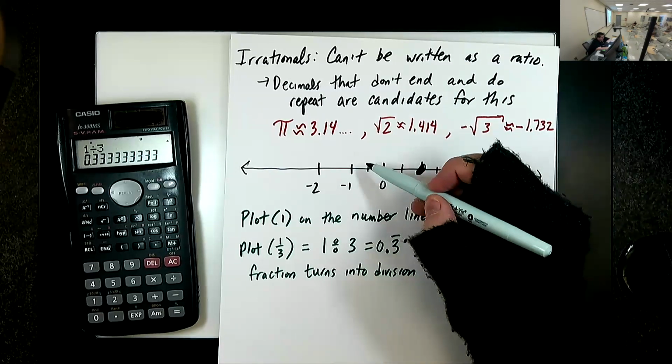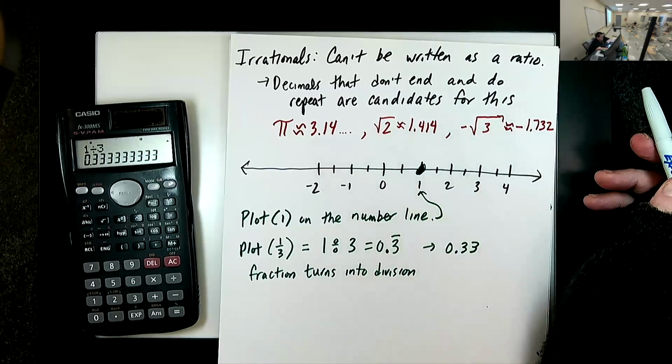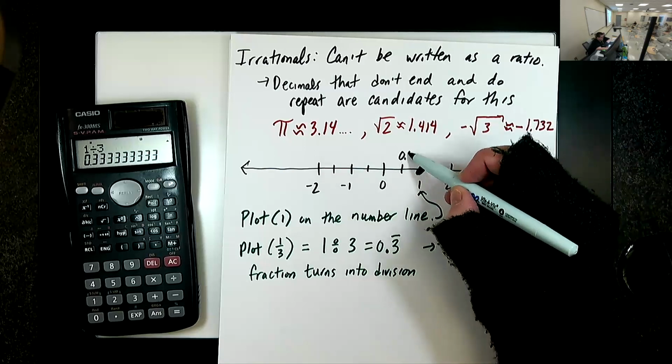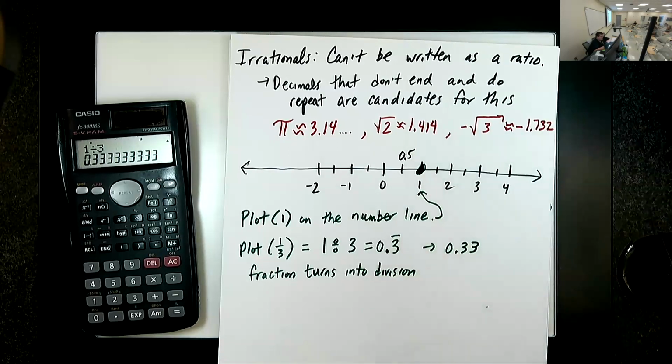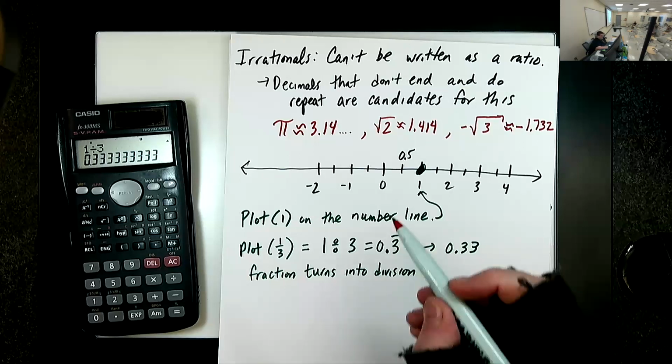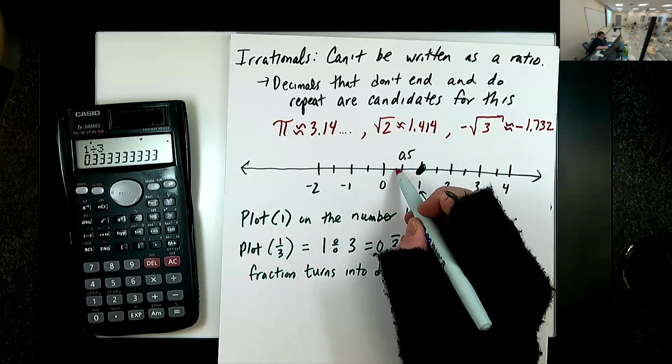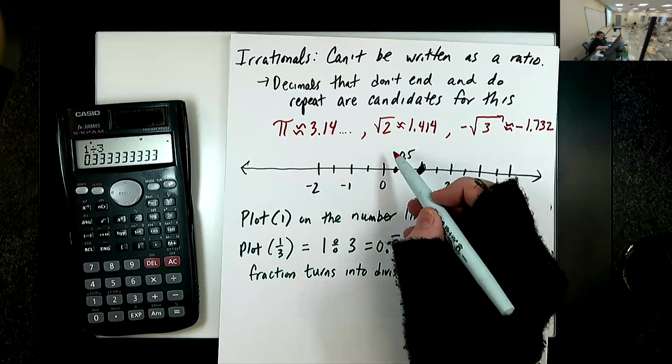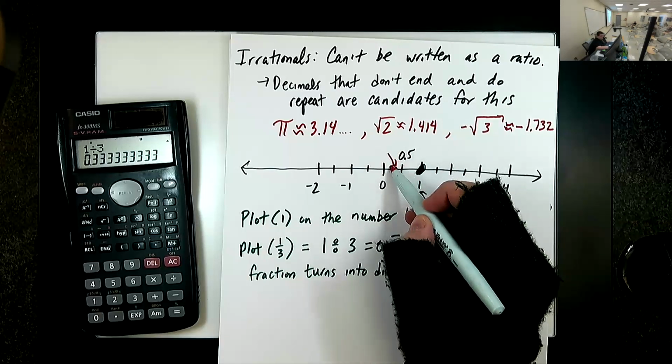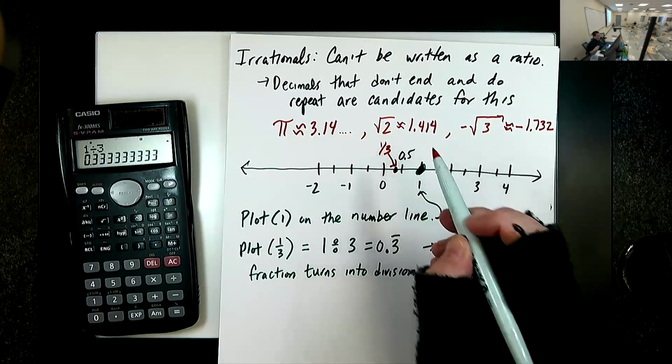Marking the halfway point is usually a good thing to do. That's 0.5. And then 0.33 is closer to 0.5 than it is to 0. So I'll just say it's right there. It's closer to 0.5 than 0. That's 1/3.